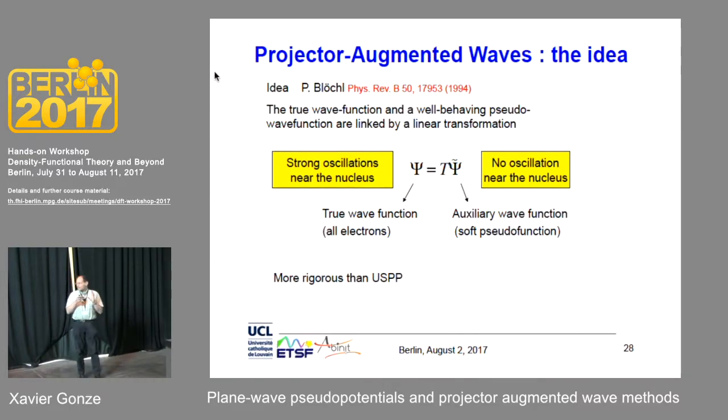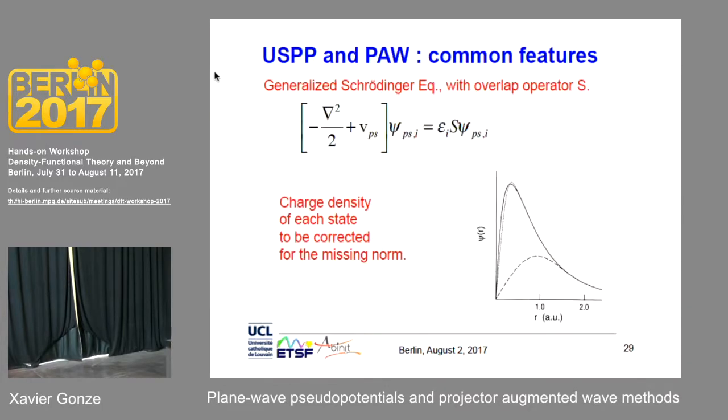It is rigorous. So one can indeed always make a connection back to the all-electron wave function, which the USPP, ultra-soft pseudopotential construct, cannot easily do.